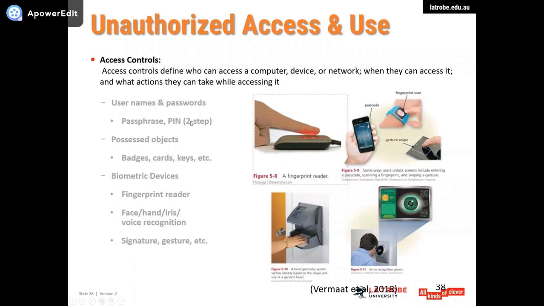But the main problem is that this method may not be that accurate. For example, with face recognition, in the early stage people could use photos to cheat the system and bypass the access control. The same goes for signatures: if someone can perfectly copy your signature, then the system has no way to prevent this from happening.